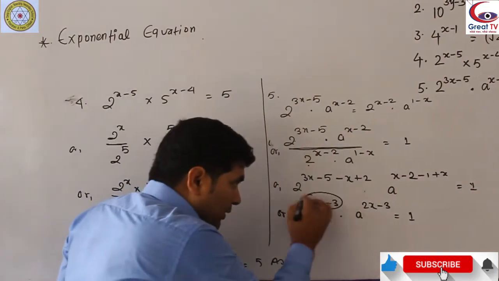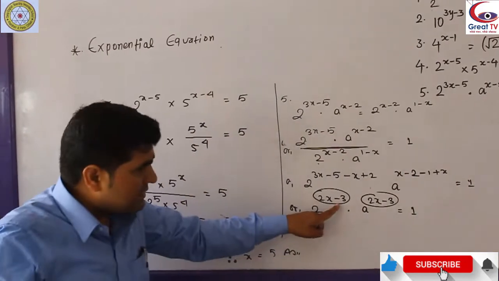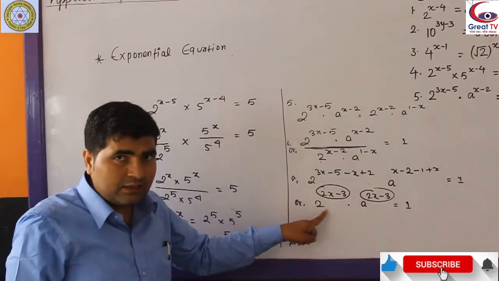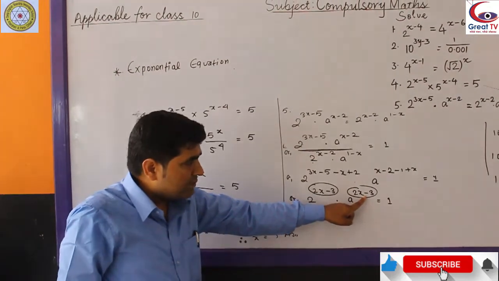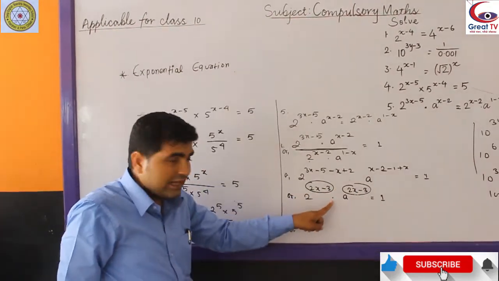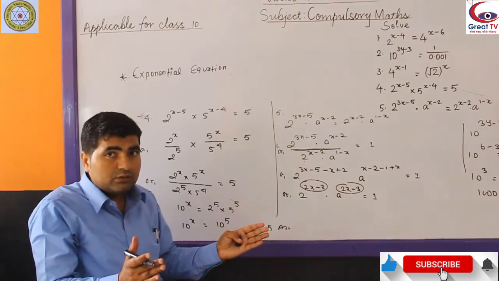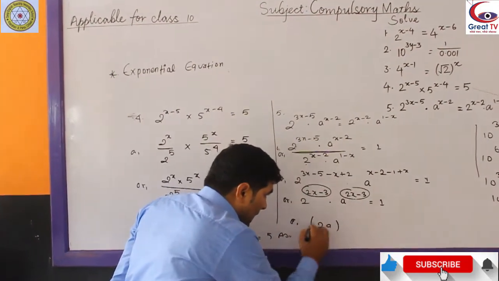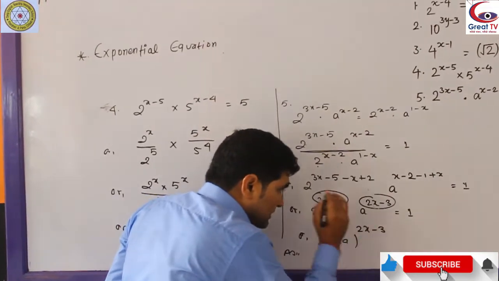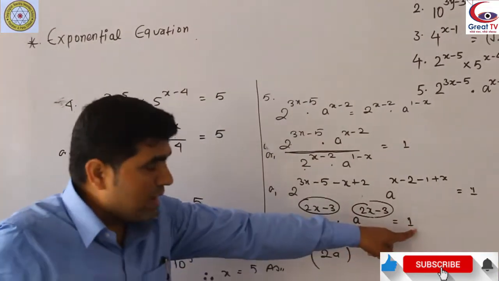Now we have the same power: 2x minus 3 is the power of the first one, and similarly the power of the second one is also 2x minus 3. With the same power, we can multiply the bases to get (2·8) whole power 2x minus 3, equal to 1.